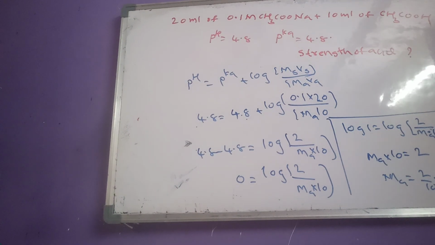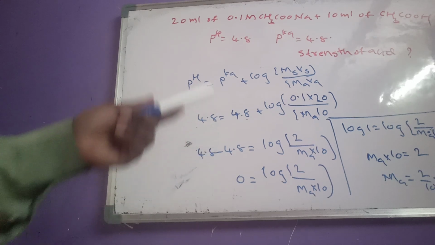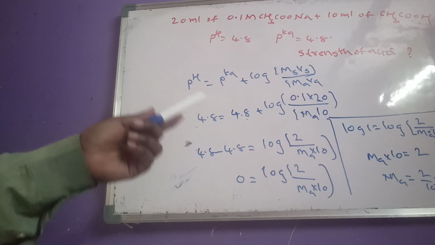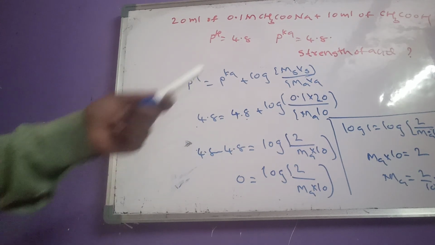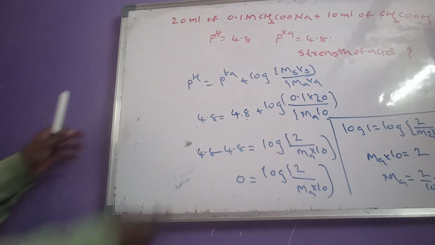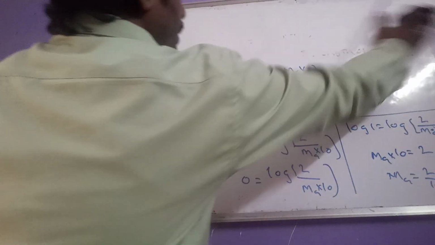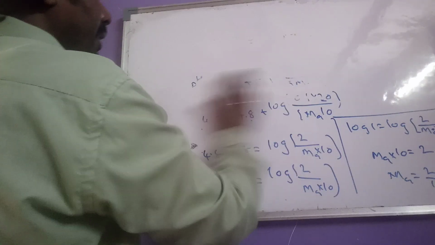So like that they give questions related to calculation of the strength of either a weak acid or a salt. So this is one type of question related to buffer solutions. Okay, now let us go for a basic buffer related question here.